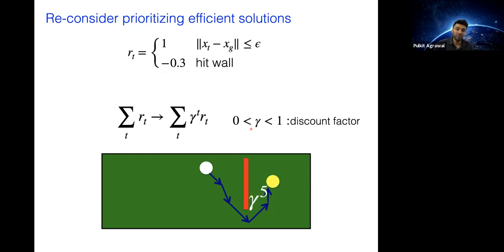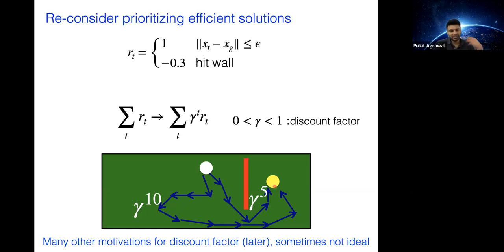If I use a discount factor, and I go over here, my reward is gamma to the power 5. If I take this trajectory, my reward is gamma to the power 10. And I have a negative penalty on hitting the wall. So if I am in this area, my reward is still 0, but if I hit the wall, my reward is minus 0.3. Now with this reward function and discounting, it is much easier to find the correct solution.